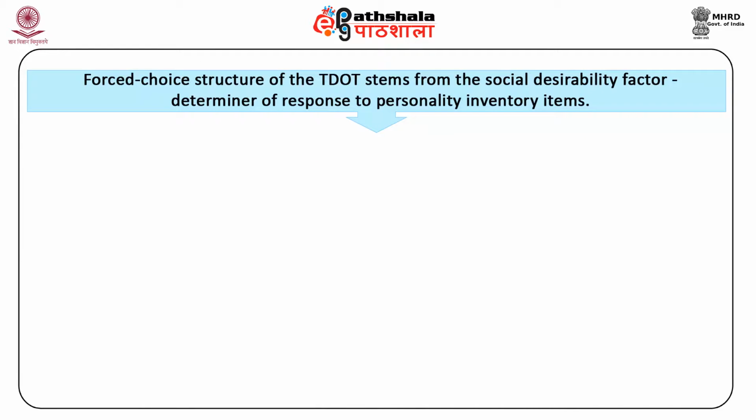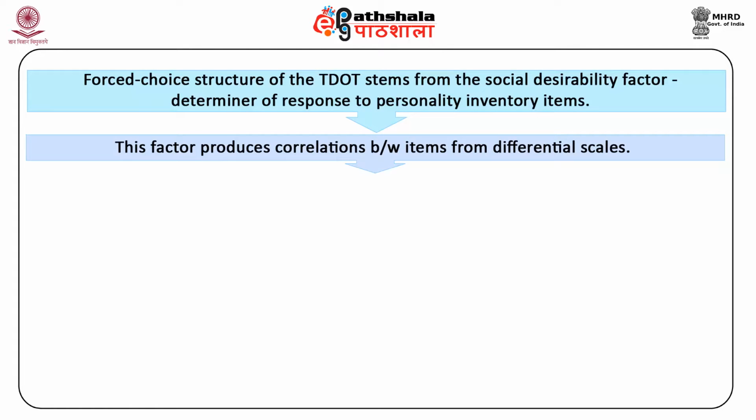The forced choice structure of the TDOT stems from the fact that research has pointed to the importance of a social desirability factor, that is, individual differences in the tendency to respond in a self regarding versus self critical manner, as a determiner of response to personality inventory items. This factor produces correlations between items from differential scales, which obscures the differential measurement of the traits the scales are designed to measure.